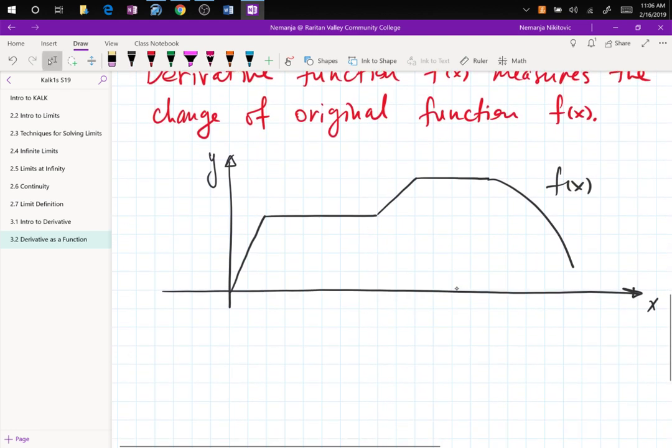So here is, in black, the function f of x.